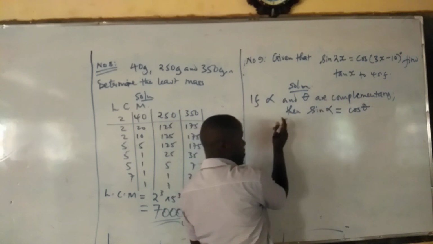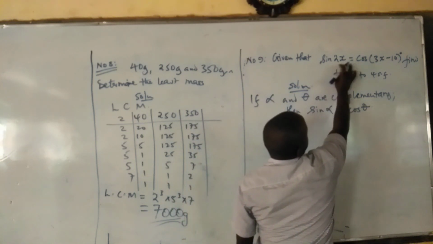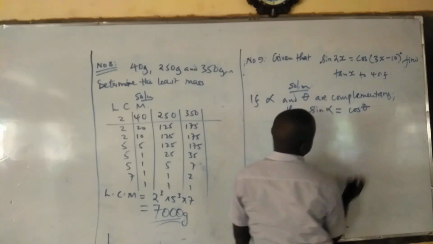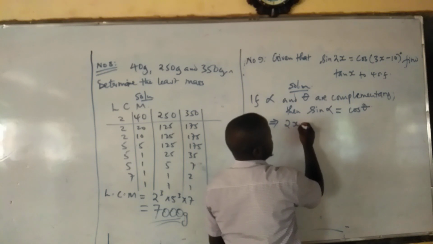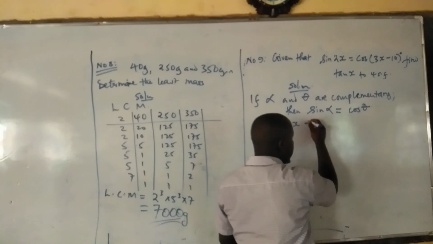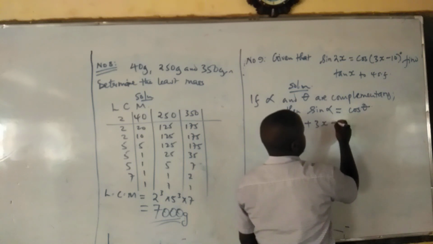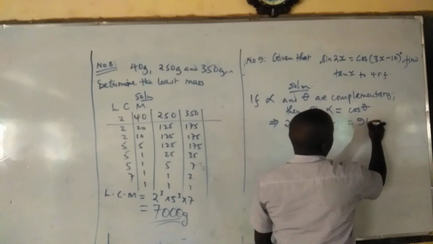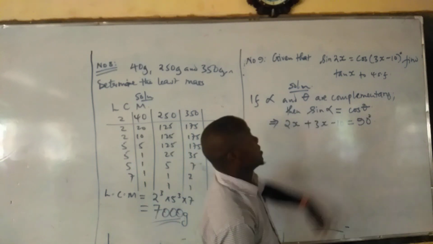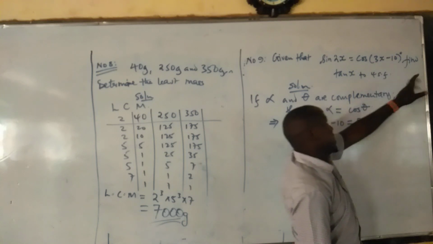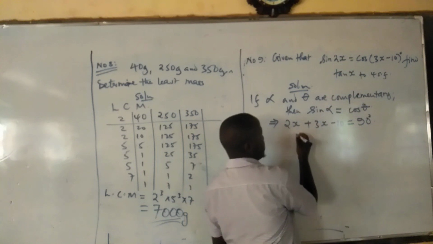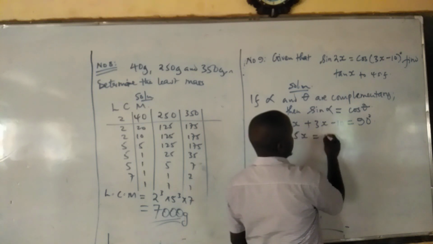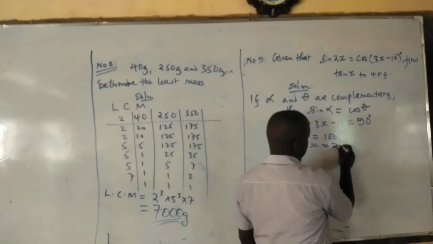Meaning, if sine 2x is equal to the cosine of 3x minus 10, then 2x and 3x minus 10 are complementary angles, or rather when we add them, they should give us 90 degrees. Therefore, 5x is equal to 100, x is equal to 20.